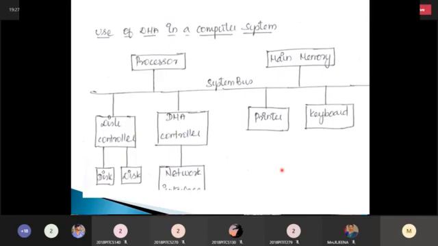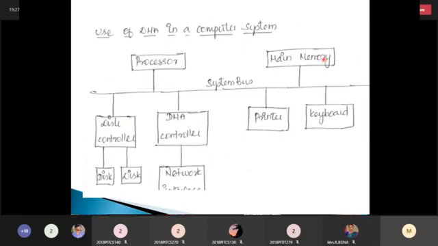So how is DMA used in a computer system? For example, here we have the processor and the main memory, and using the system bus, the input or output devices are connected to the processor or the main memory.